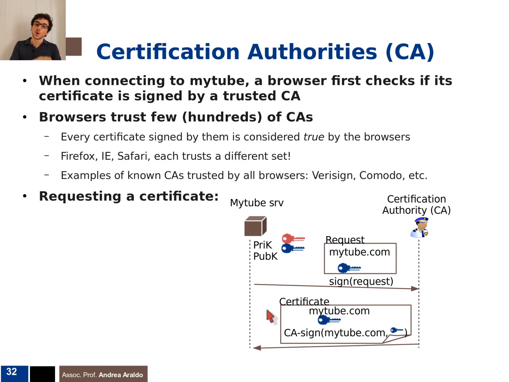From now on, all the browsers will trust this certificate, because each browser already knows a set of certification authorities. So whenever it receives a certificate signed by one of these authorities, it will assume this certificate is correct.